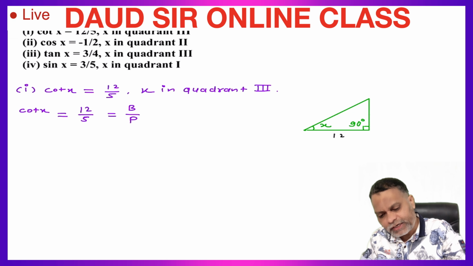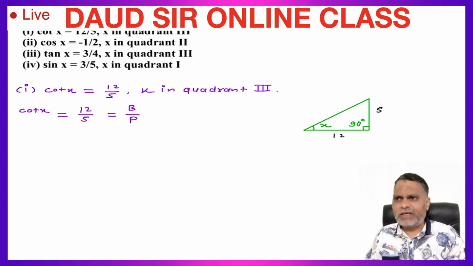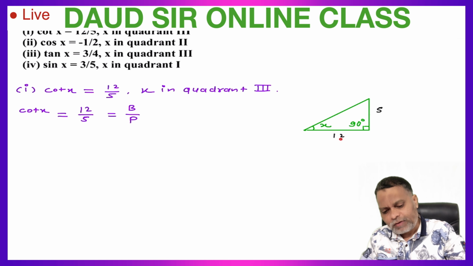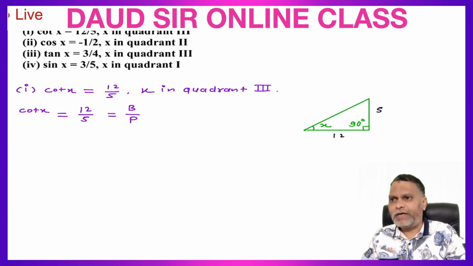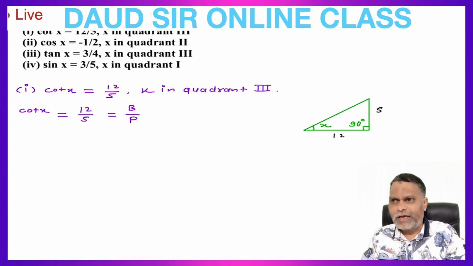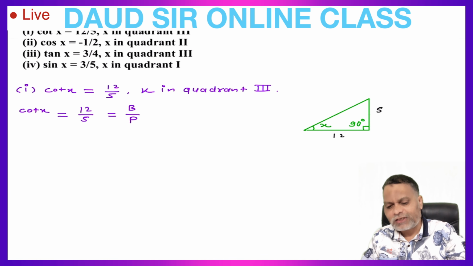And perpendicular is 5. In a right triangle, if two sides are given, we can calculate the third side by using Pythagoras theorem. Pythagoras theorem is h square is equal to p square plus b square. So 12 square is 144, 5 square is 25, 25 plus 144 is 169, and take the square root of 169, this is 13.